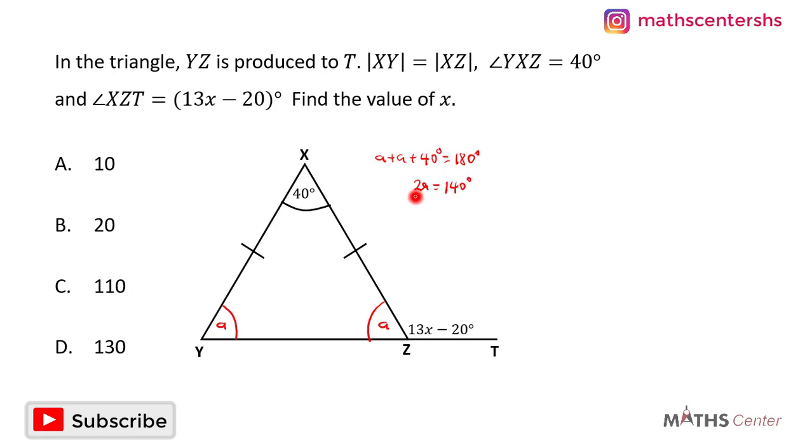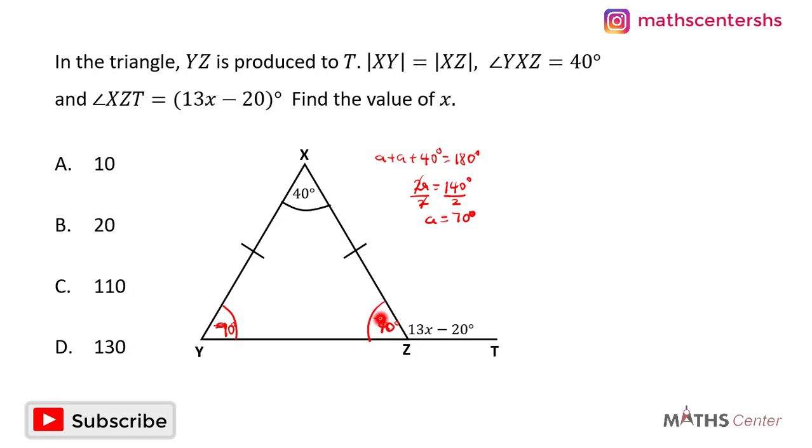To get A, we will divide both sides by 2. 2 and 2 will cancel each other out, so we have A here, and this will be equal to 140 degrees divided by 2, which will give us 70 degrees. So the angle formed here is 70 degrees and the angle formed here is also 70 degrees.